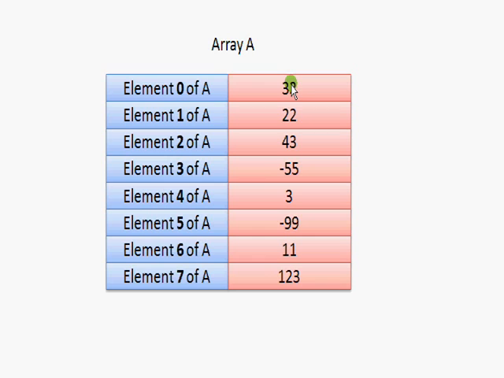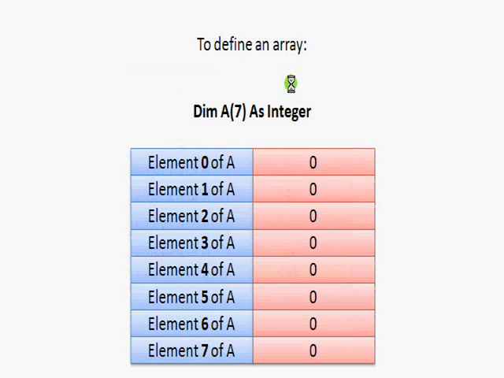Okay, now the first thing you want to do while you are working with arrays is to define one. In order to define an array, you write something like this: Dim a(number of elements) As data type. So here the a is the name of your array.